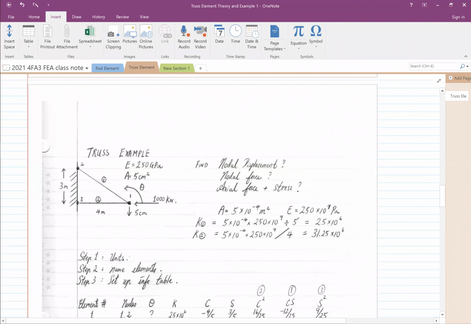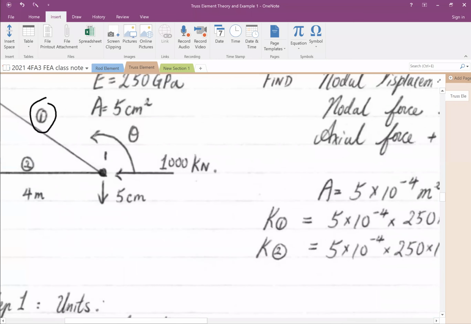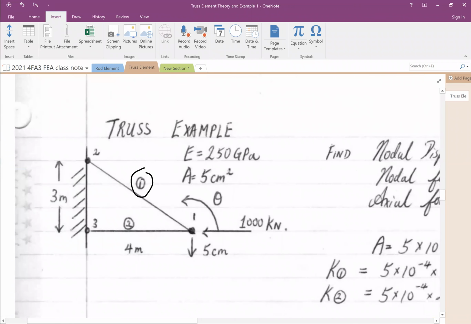There's a truss. It contains 2 elements. Element 1 is linking nodes 1 and 2.